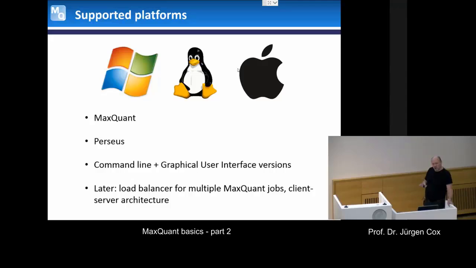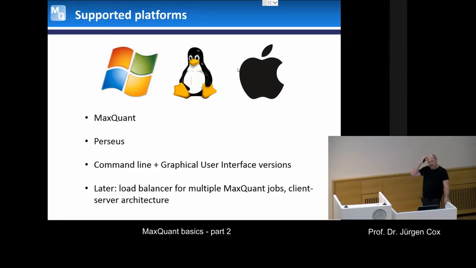However, at the moment, what is stably working is not Perseus, but MaxQuant, and from MaxQuant, not the graphical user interface, but the command line version. There is a command line version of MaxQuant that was already working for quite some time on Windows as well. You find it in the bin folder of the MaxQuant installation.